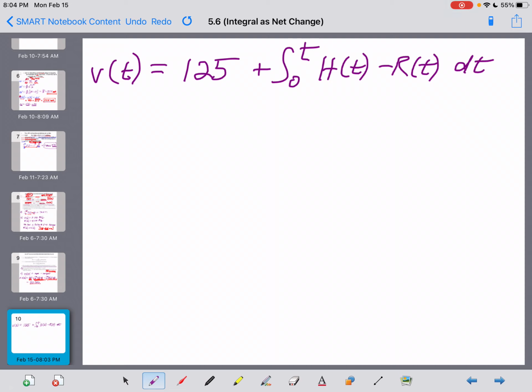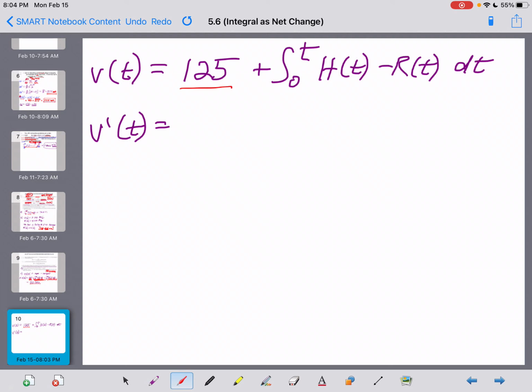A maximum, or in this case a minimum value, can occur at critical points and endpoints. Well, we know that the endpoints are 0 and 12, but we need critical points. And critical points are anywhere that the derivative of a function is either equal to 0 or undefined. So let's start differentiating this. Well, hopefully we recognize the derivative of 125 is just going to be 0.